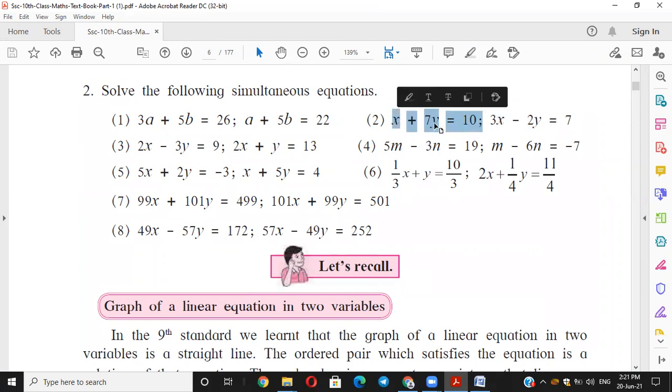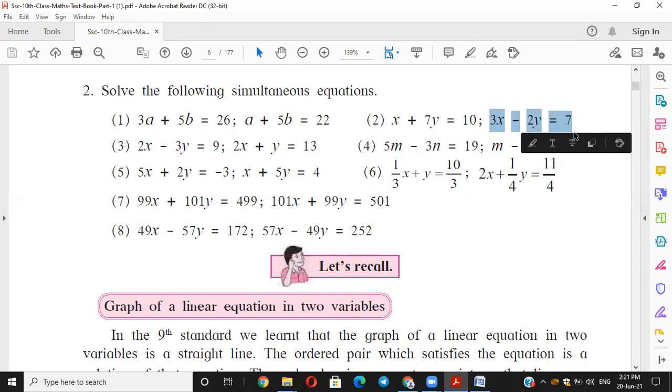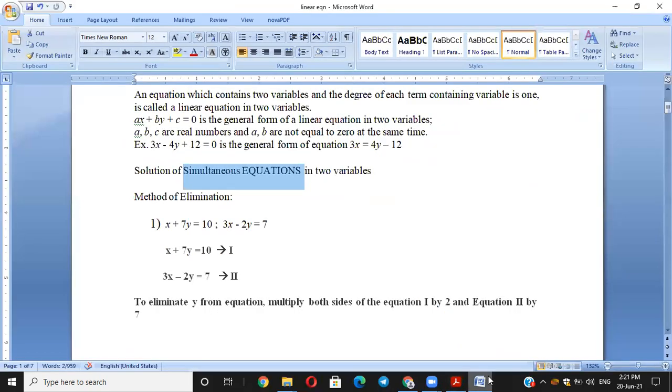One equation is x plus 7y equal to 10, which is a linear equation in two variables x and y. And 3x minus 2y equal to 7 is again a linear equation in two variables. So these are two equations, that's why they are called simultaneous equations.